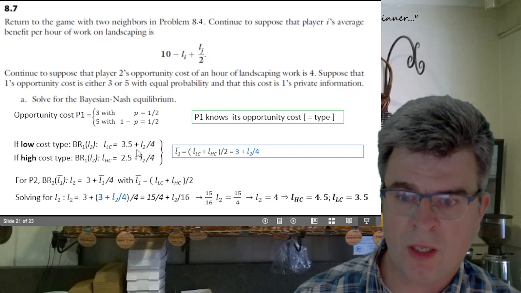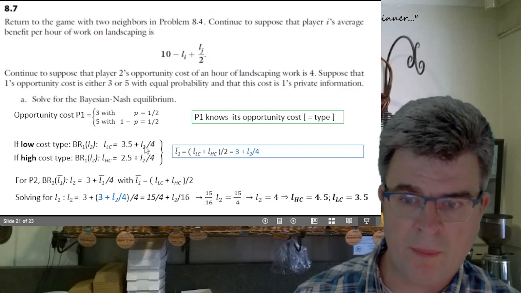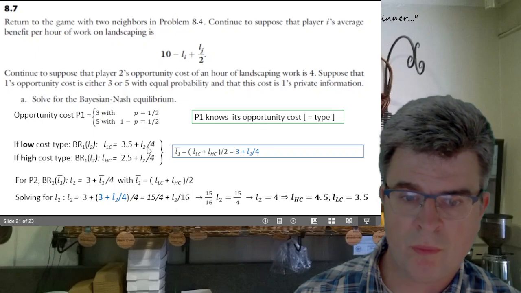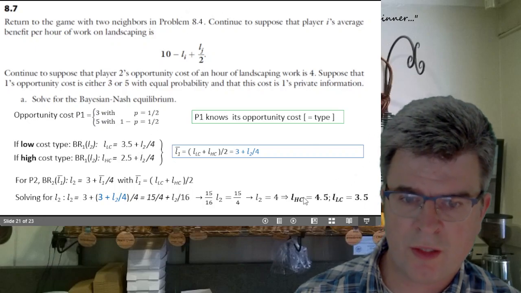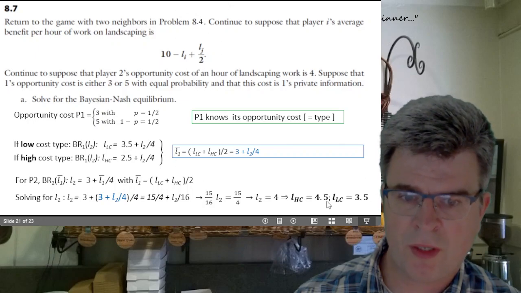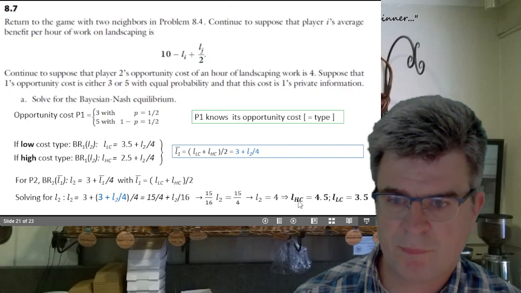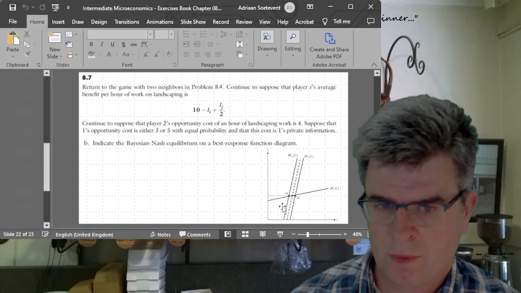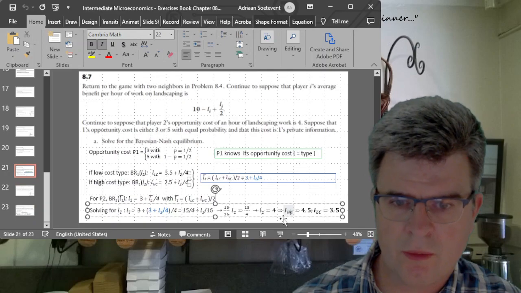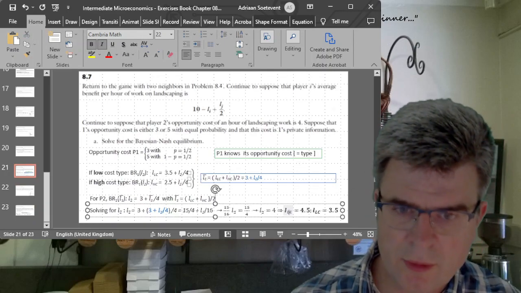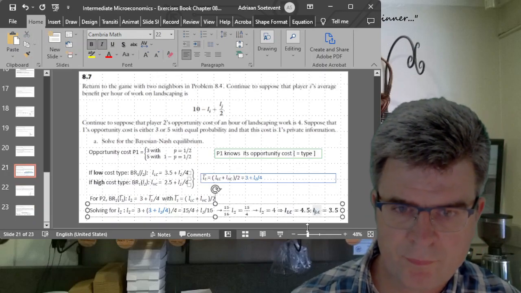So if he's of the low cost type, he will spend an effort level of 4 divided by 4 is 3.5 plus 1 is 4.5, and so this is a mistake over here. Well, really repair it again on the fly.